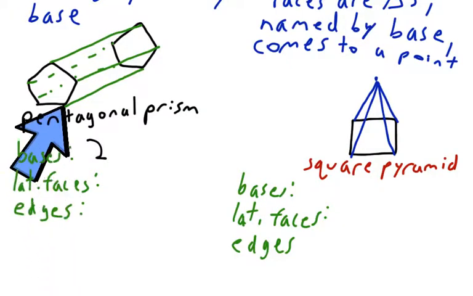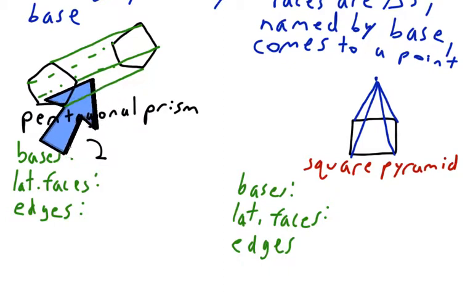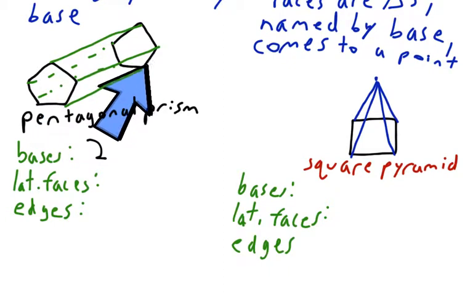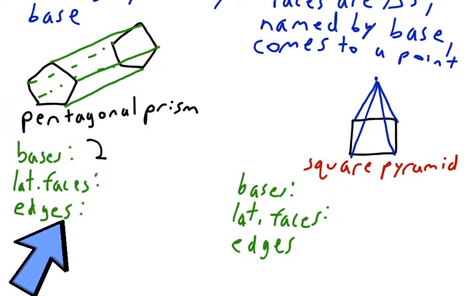But the lateral faces, honestly you can just look at how many sides the base has, and that will tell you how many lateral faces you have, because you have a rectangle coming out from each side of your base.